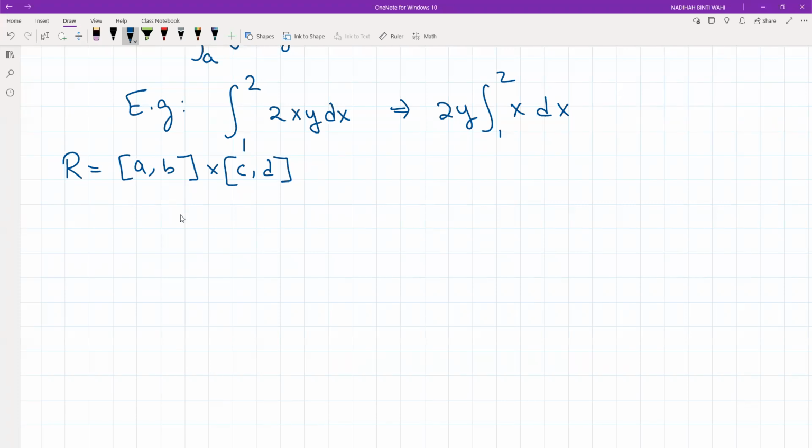So kita combine yang atas tadi. So kita combine, integrate from C to D for f(x,y) dy, and then you want to integrate from A to B in region in x direction.